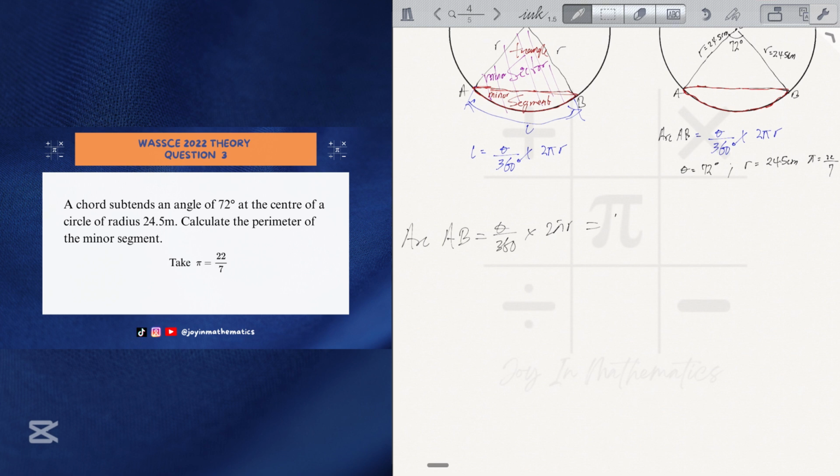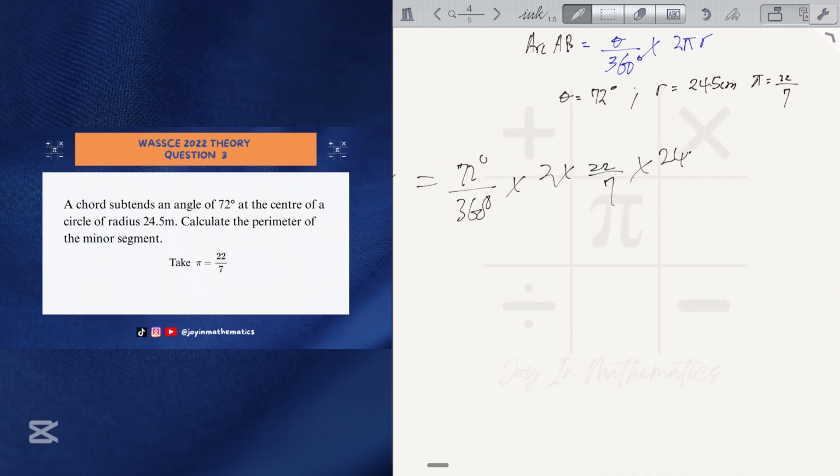Our theta is 72 degrees divided by 360 degrees, multiplied by 2, multiplied by pi, 22 over 7, multiplied by r, 24.5 centimeters. If you use your calculator for this, we will have the length of arc AB equal to 30.78 centimeters.